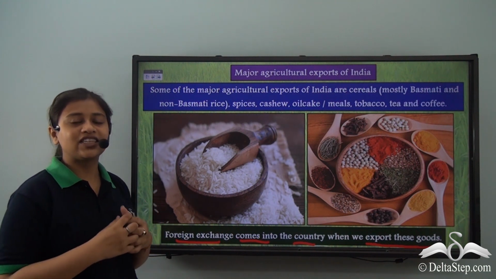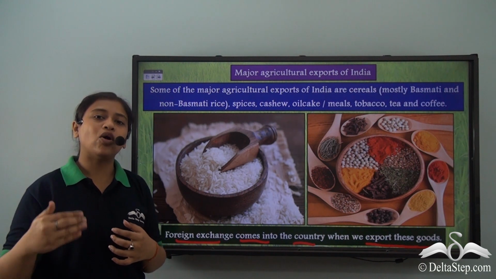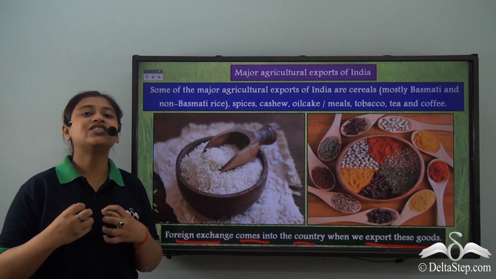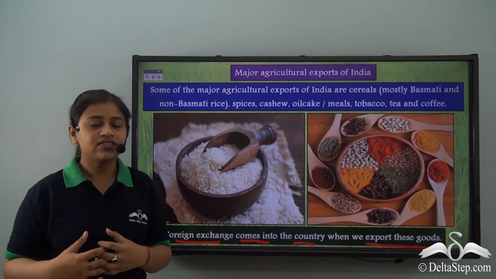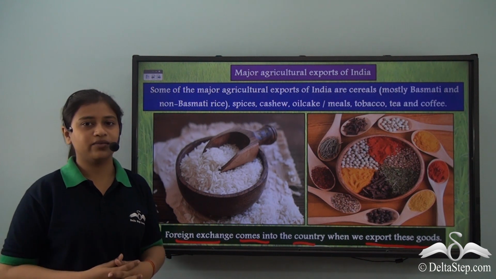And this foreign exchange, when it comes into the country, helps us advance or modernize our agricultural industry, and thus it gives a boost to the agricultural industry and by extension to our economy.